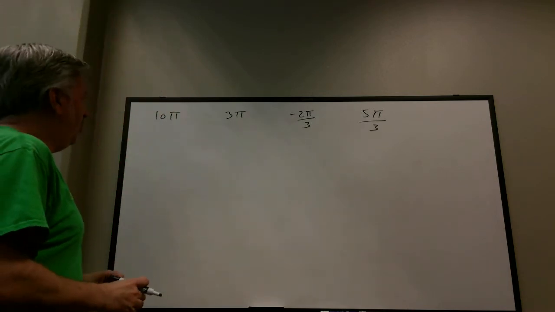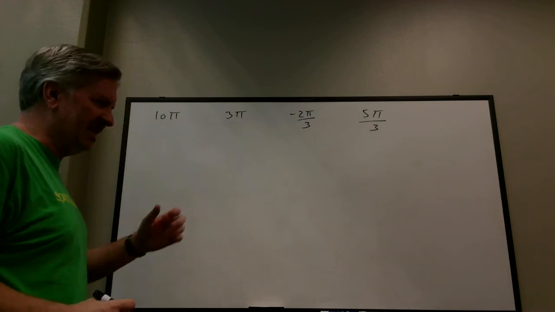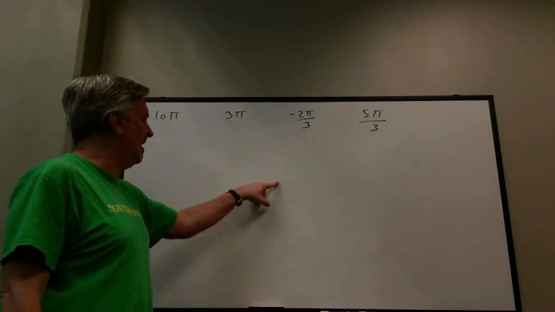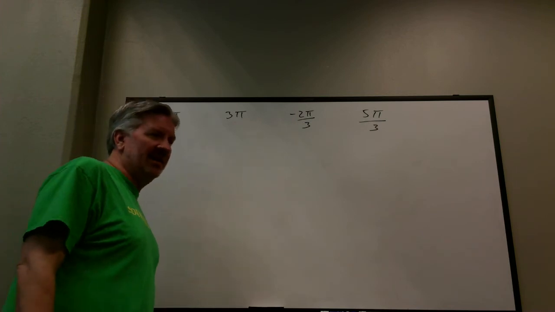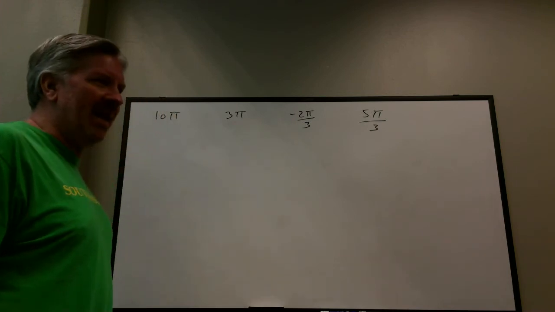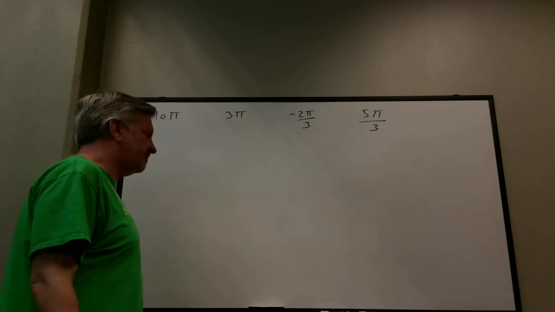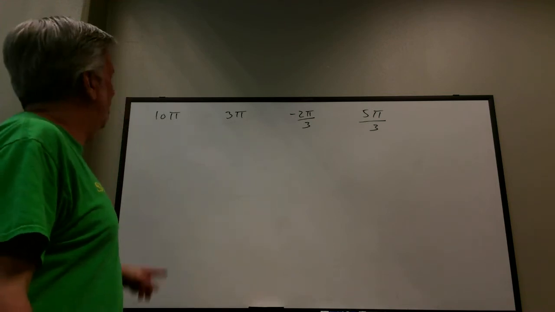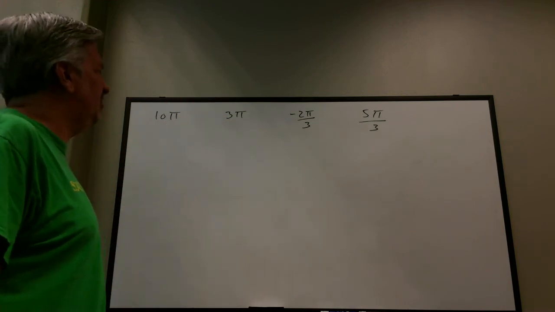So the whole point of this is to get you thinking in terms of radians. Remember, all the way around was 2 pi radians, halfway around was pi. We're working with the irrational number pi, which makes things complicated, but all of these have a pi in them, so that shouldn't be so bad.